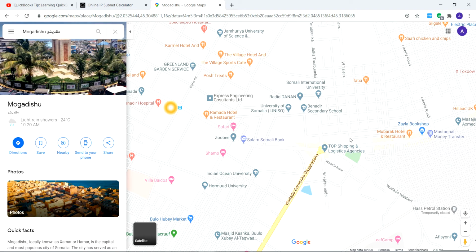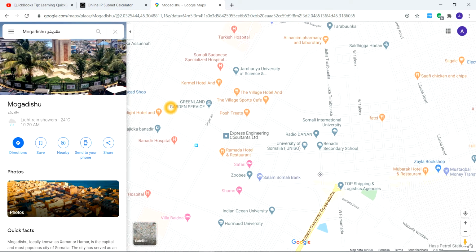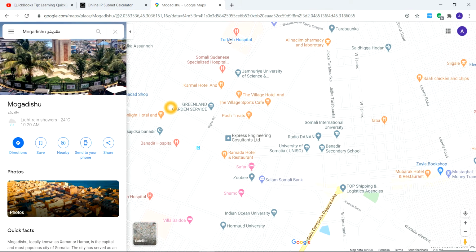It is the hub of the city. I want to drive from Kilometer 4 all the way to the Turkish hospital around here. Which way can I take? From here I can take this road, then turn left, then I come to the hospital. That's one way.